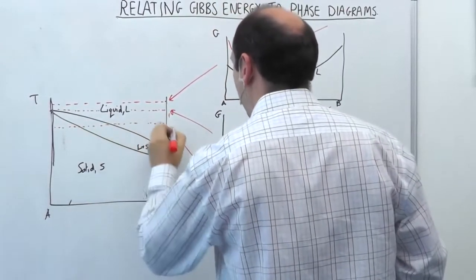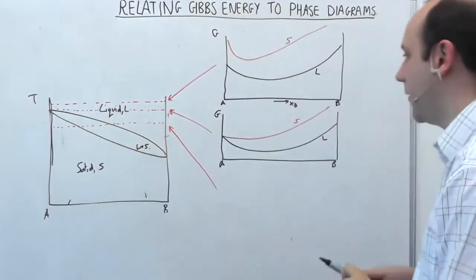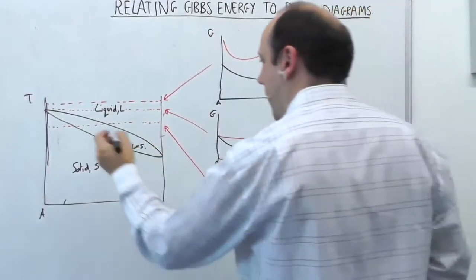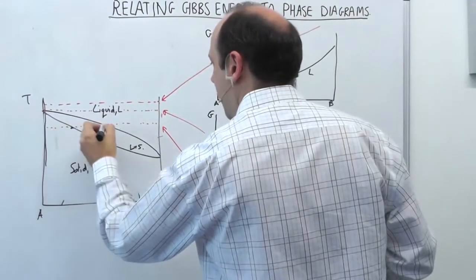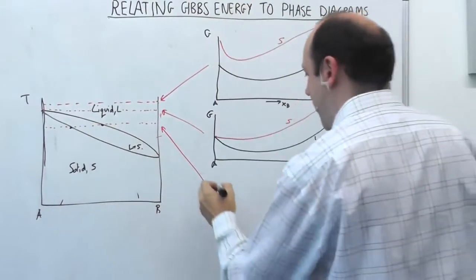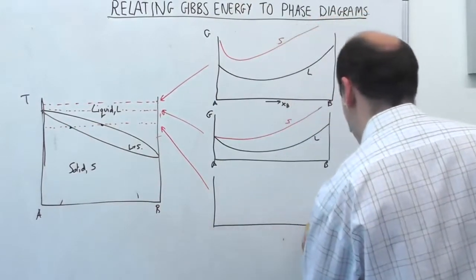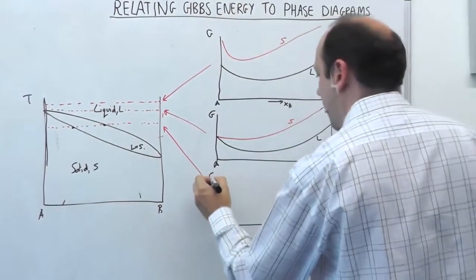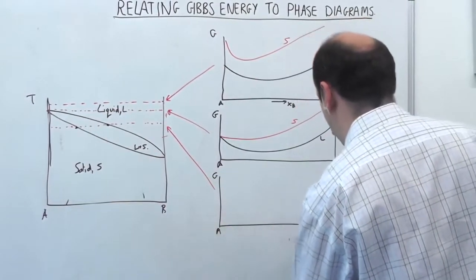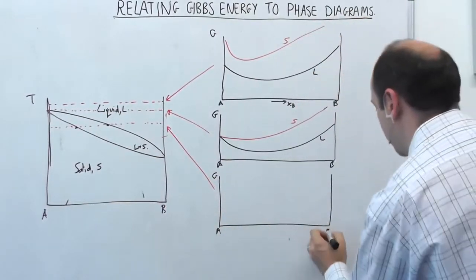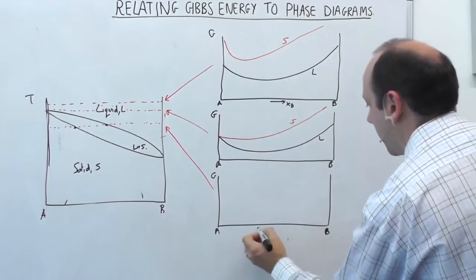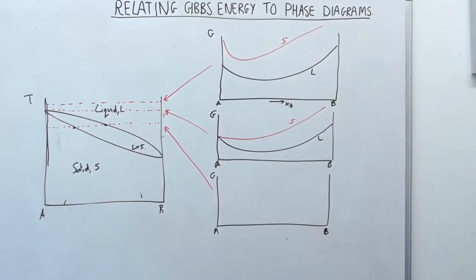When we come down into the two-phase region, we have a situation where the compositions of the stable solid and liquid are there, and we have a Gibbs energy curve that will do something a bit like this. Pure B, and that's our fraction of xB again.